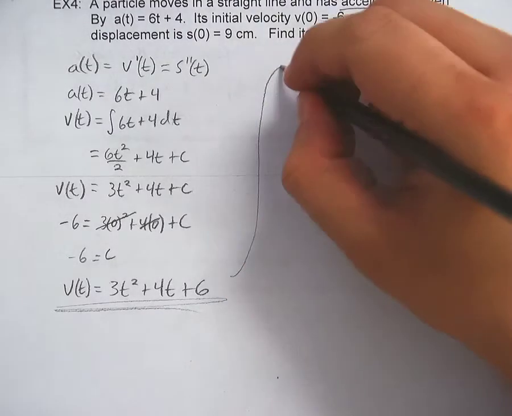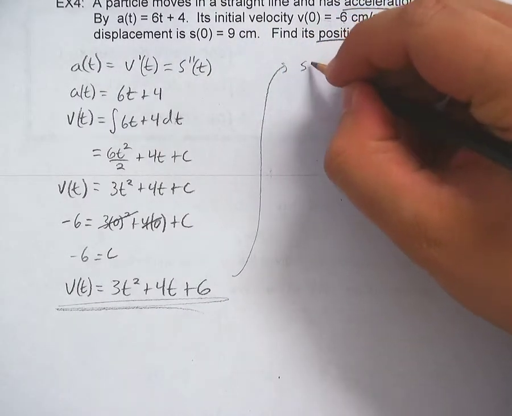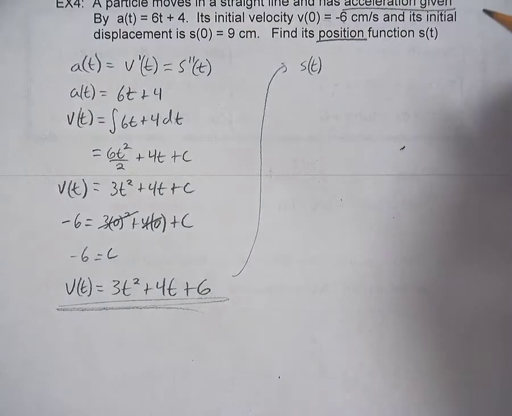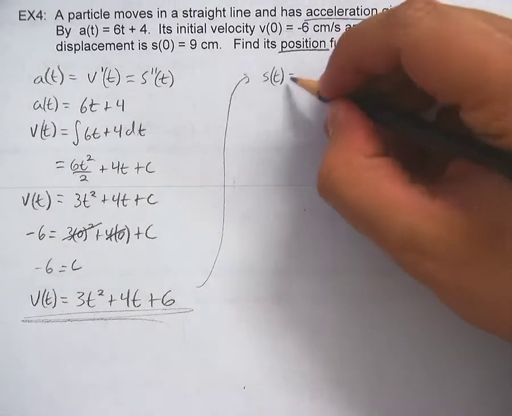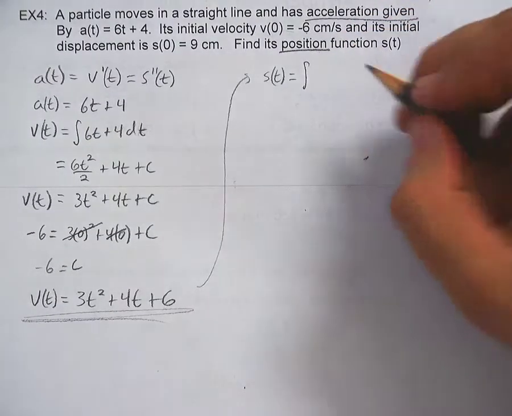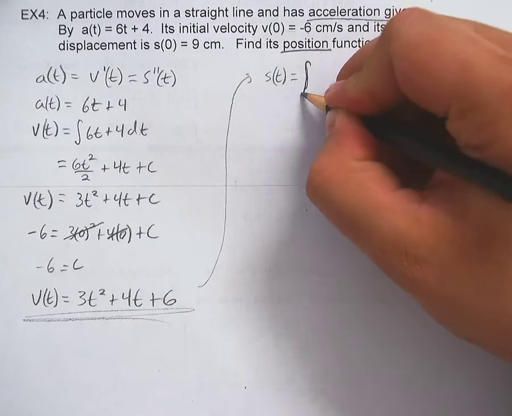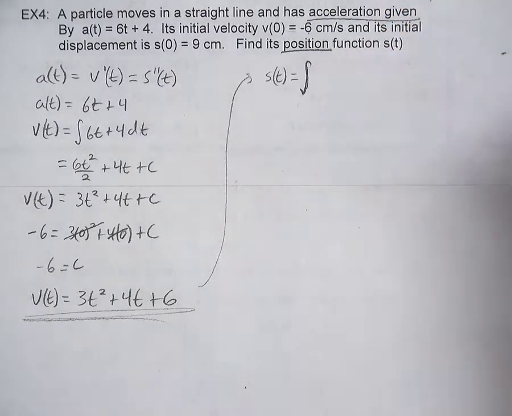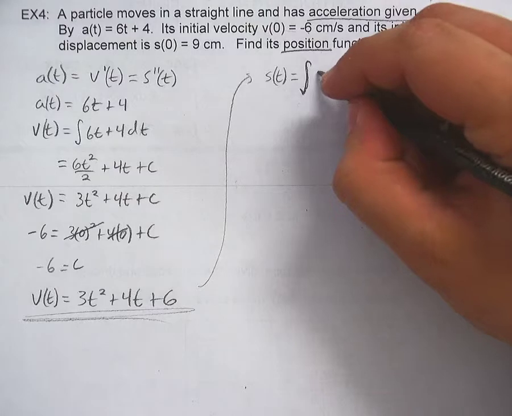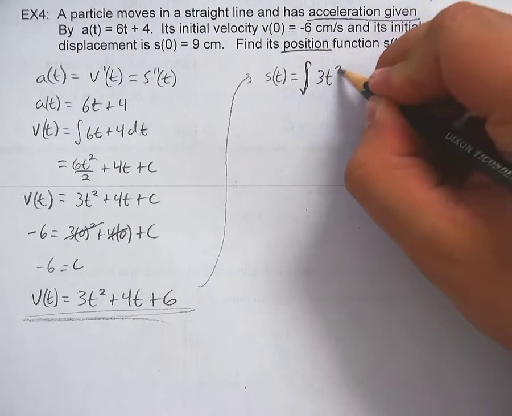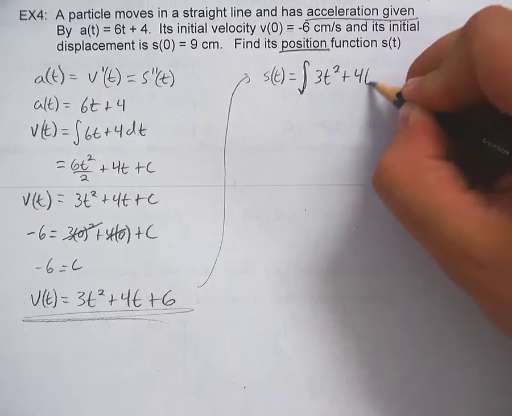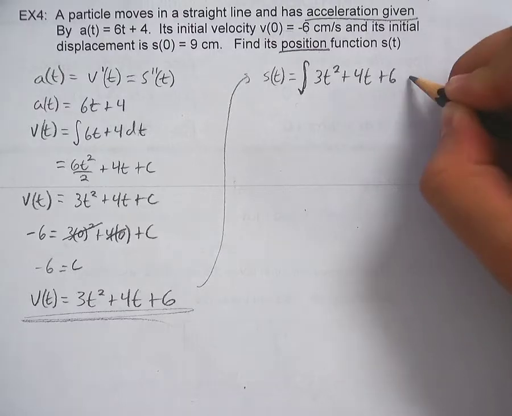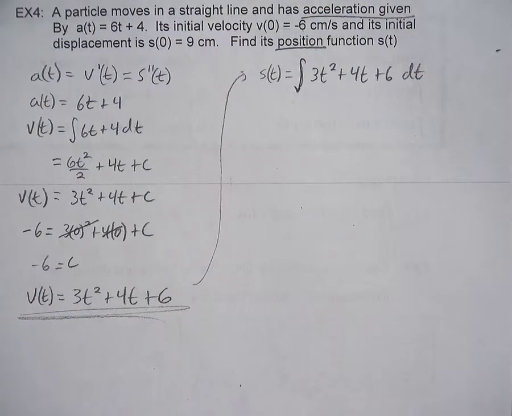So, coming up here, position, s of t, is going to be the integral of velocity. 3t squared plus 4t plus 6 dt. So let's do it again.